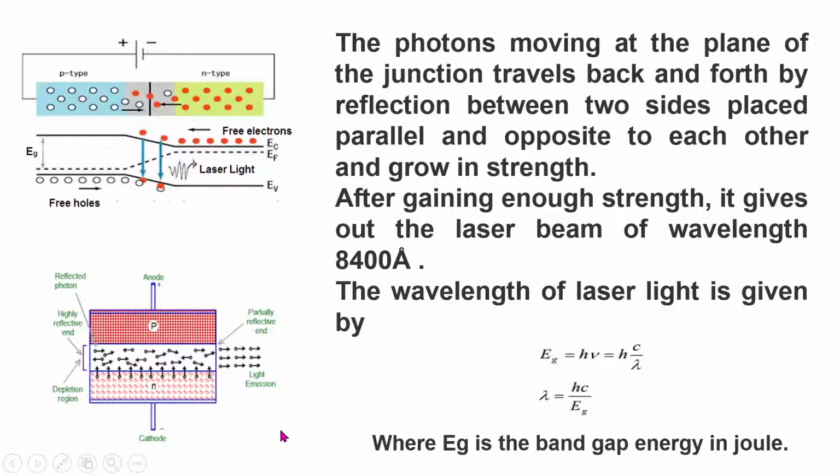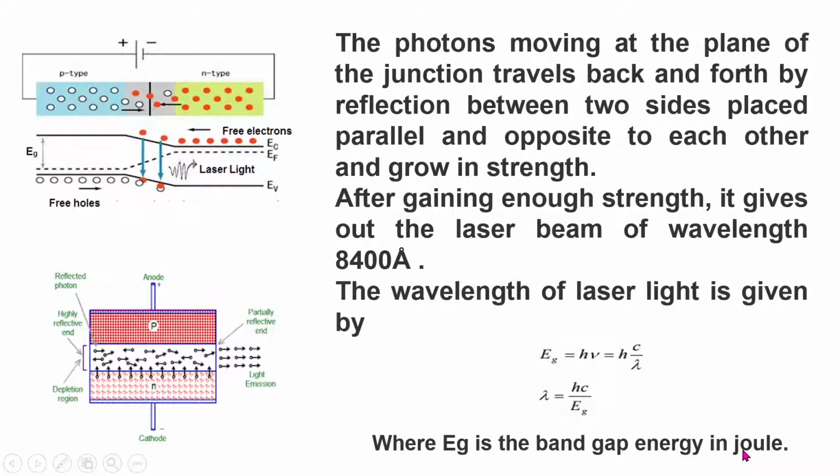Now see here, the wavelength of the laser light is given by, we know that the difference between the two energy levels, E2 minus E1, is equal to h nu, and the difference between these two energy levels, E2 minus E1, we can show by using Eg, that is the band gap energy.